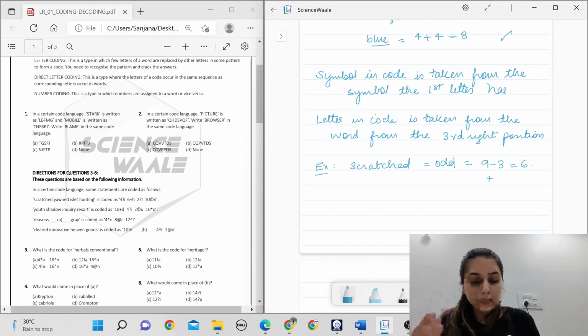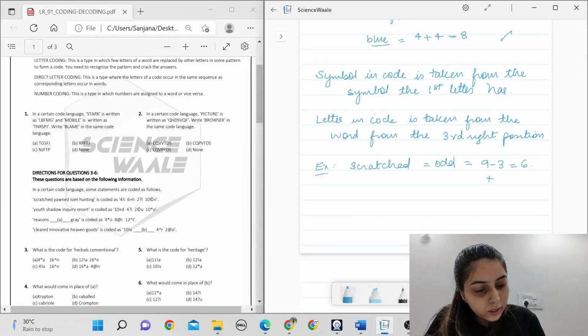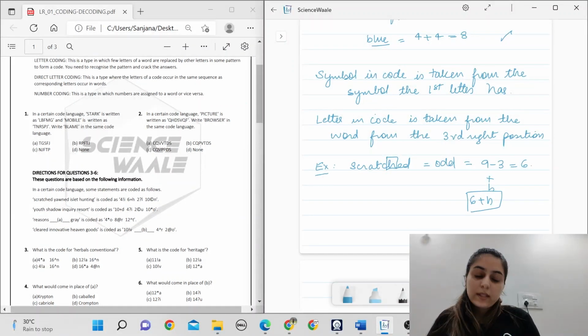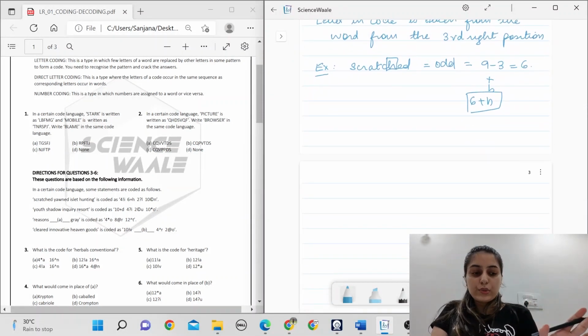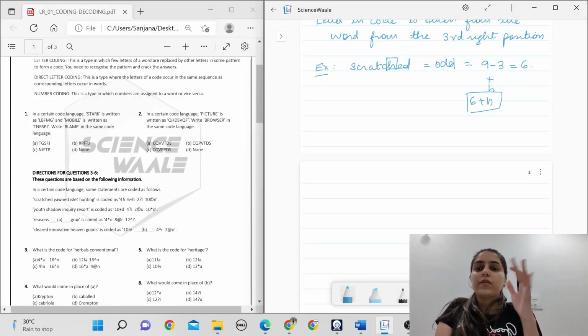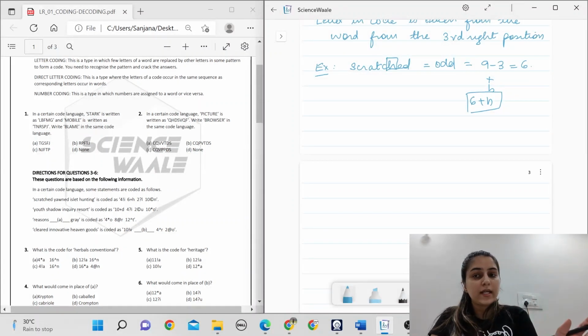And the letter in the code is the third letter from the right. So here the third letter from the right is H. So the code for scratched is 6 plus H. This is the way it is set. I hope you all understood it. It's really simple. As we solve the questions, you'll surely understand it if you haven't yet.